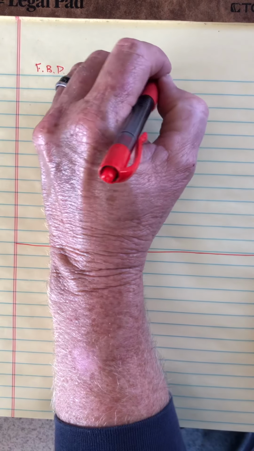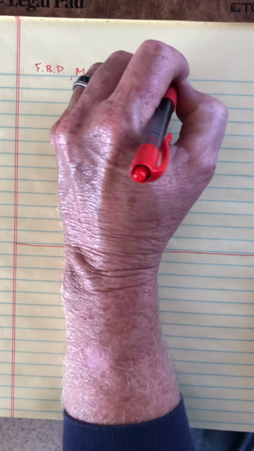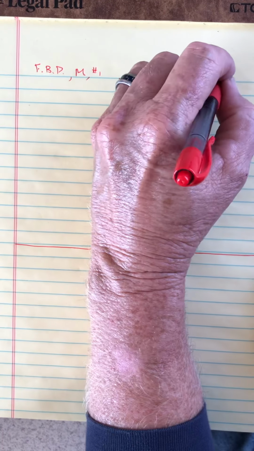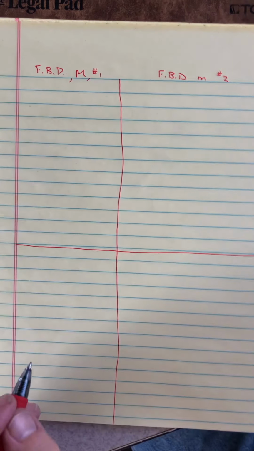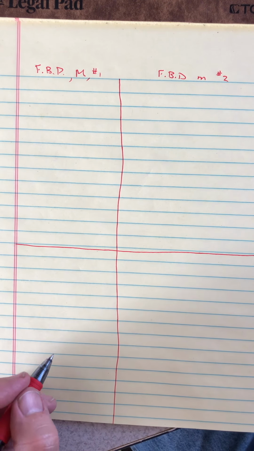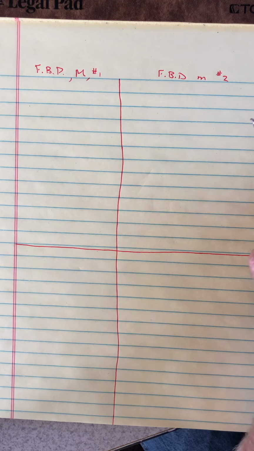But I also have a free body diagram for block number 2, or lowercase m. And then, of course, I have 2 scenarios.